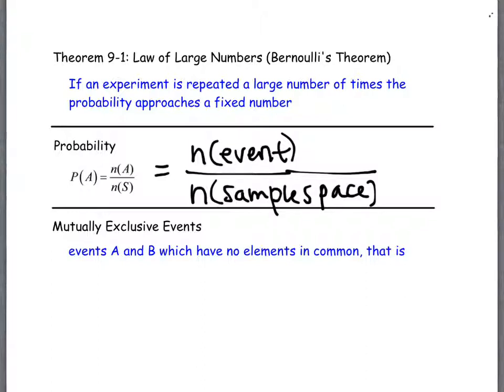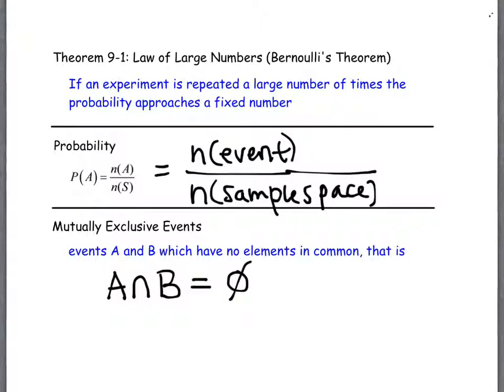Mutually exclusive, and later on we will encounter something called independent. Mutually exclusive events are events that have no elements in common. So the notation that we use is something like this, and I will explain. This is notation some of you have seen before.